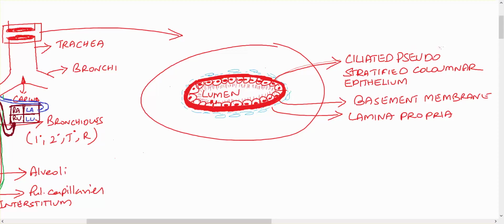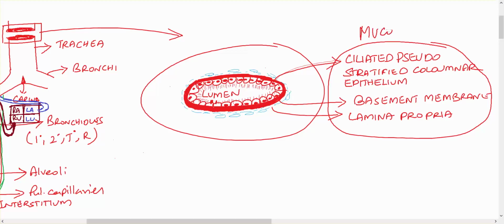This whole structure is called the mucosa. If you want, I will write it clearly. This whole structure is called the mucosa.